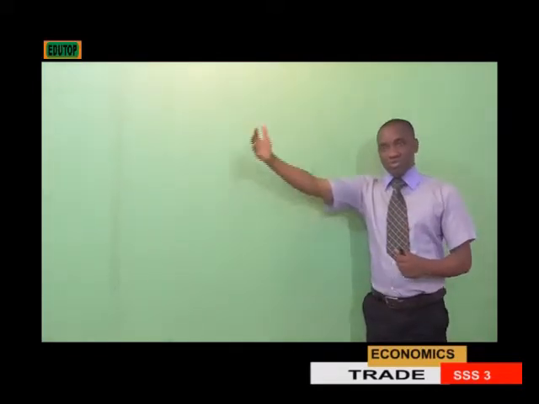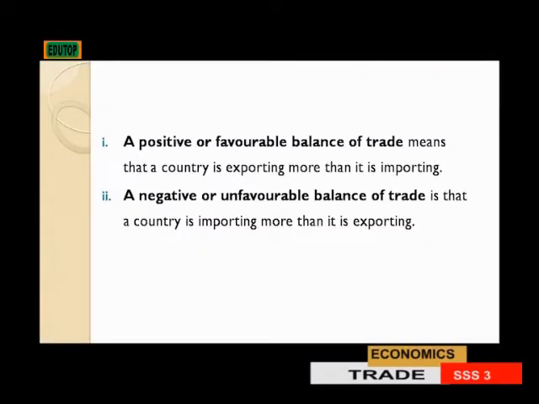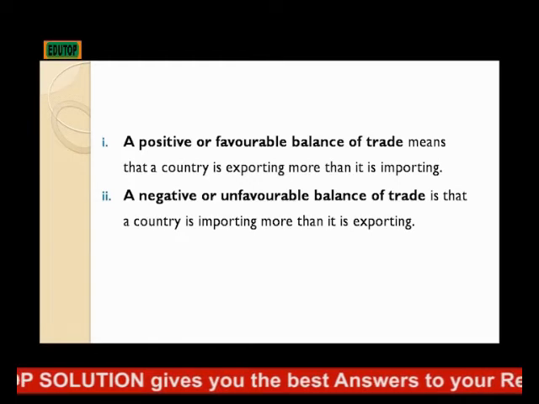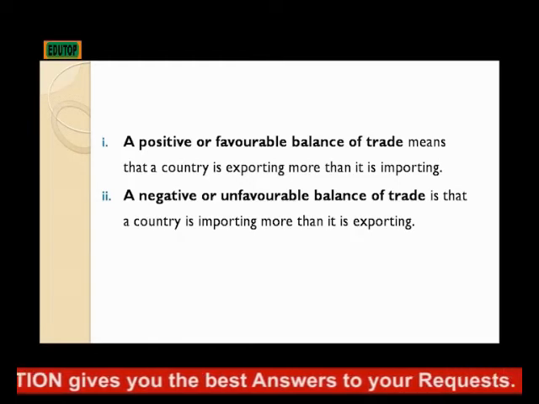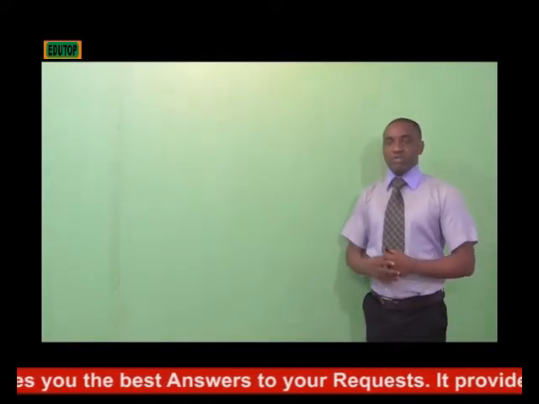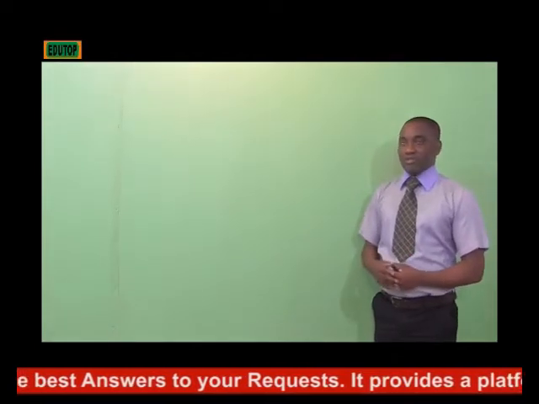Therefore, if the value of the exported goods is more than the imported goods, then we have what we call a favorable balance of trade or a positive balance of trade. But if the value of the imported products is more than the value of the exported products, therefore we have what we call a negative balance of trade or unfavorable balance of trade. That is the relationship that exists with the balance of trade.